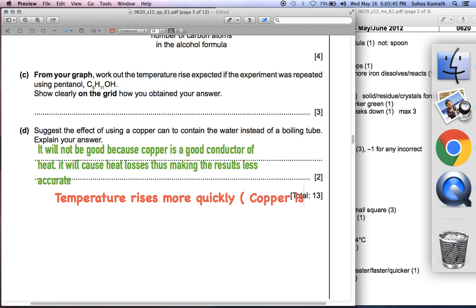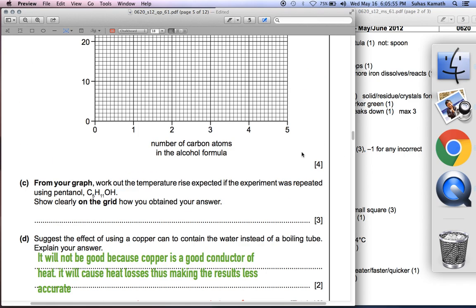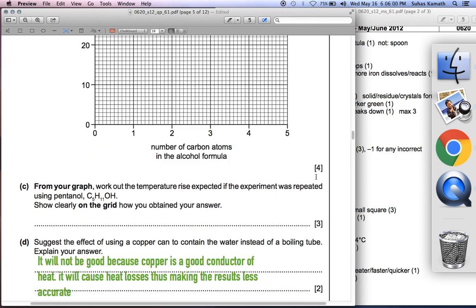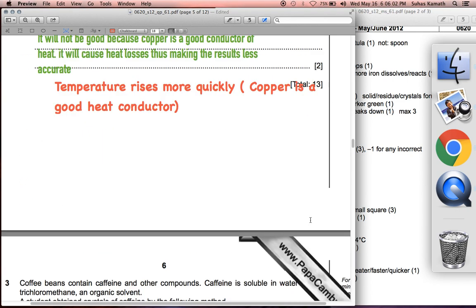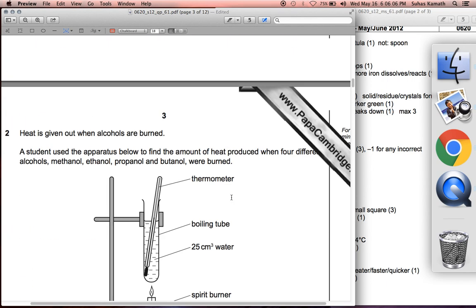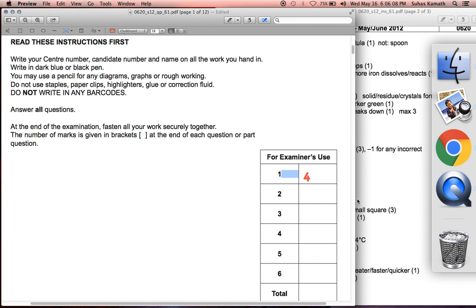Copper is a good heat conductor. So I got 3, 7, 10. Here's a 10.